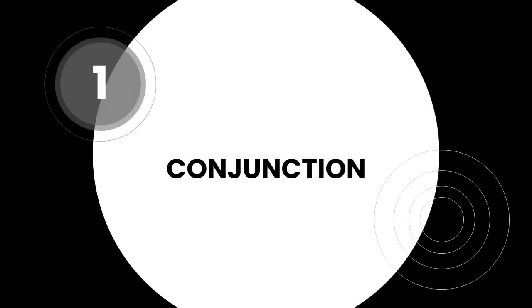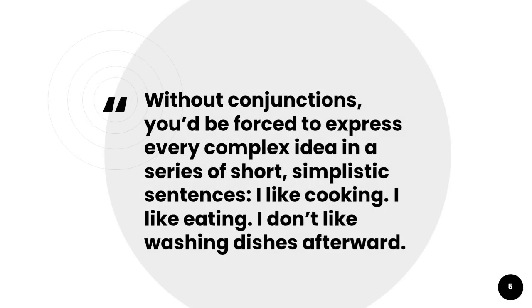So now let's move on to our main topic, which is conjunction. How will it be defined, at the same time, what are the different types of it? It was being said that without conjunctions, you'd be forced to express every complex idea in a series of short, simplistic sentences. For example: I like cooking. I like eating. I don't like washing dishes afterward.